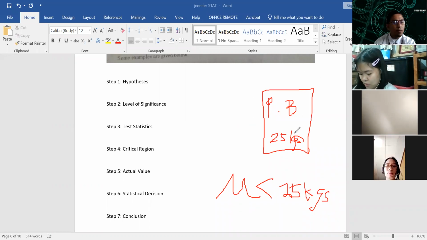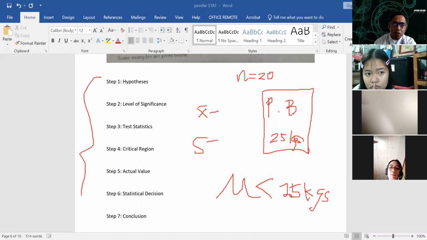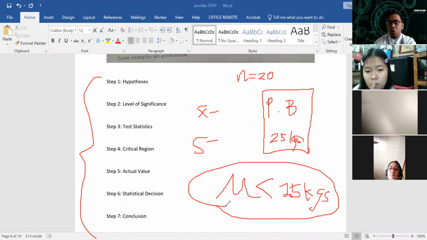So magkuha kag probably, say for example, you get 20 ka sack of rice as Princess Bea, and that is your N. So for that 20 sack of rice, you measure it. You mo gitimbang, and you get those data, then you solve for the mean and the standard deviation. And out of this data, you can use now these 7 steps to test whether this claim is true. Okay? Klaro? So this is one case wherein you can apply the testing hypothesis.